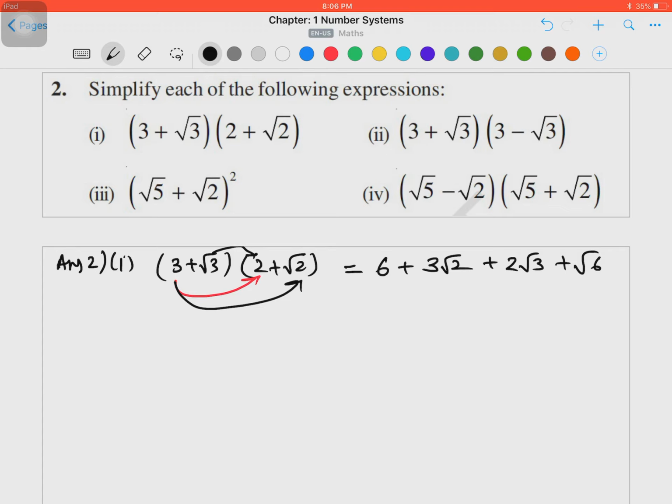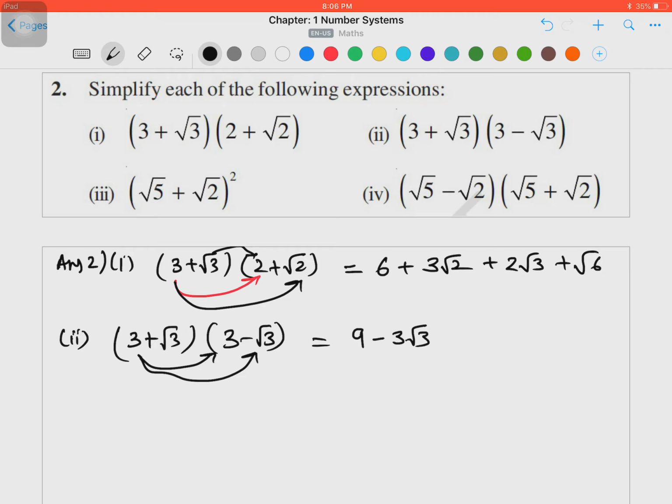Then we have the second one, 3 plus root 3 multiplied by 3 minus root 3. Again in a similar way, multiply the first term from the first bracket with the first in the second bracket. 3 into 3 will be 9. Then 3 into minus root 3 will be minus 3 root 3.